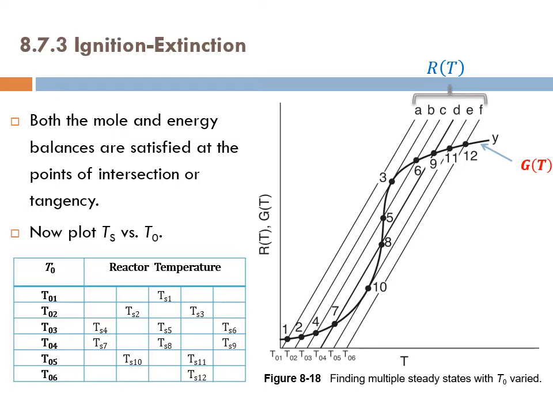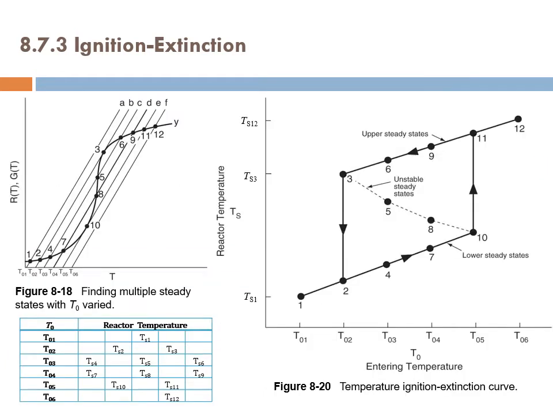Now let's plot TS versus T0. Let's plot TS, which is the reactor steady state temperature, versus T0, which is the entering or feed temperature.